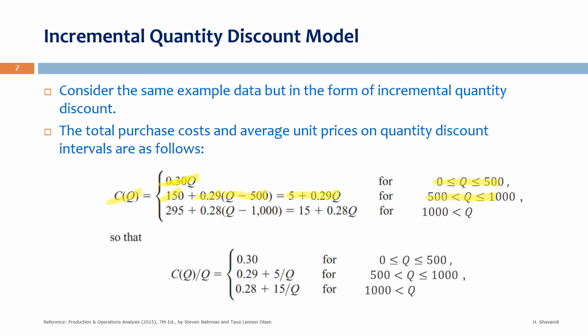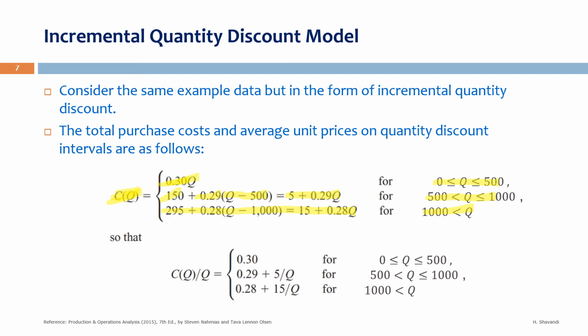So in total, the purchase cost for the order becomes 5 plus 0.29 times Q. And if Q is over 1,000, we have this term for the total purchase cost for each order.